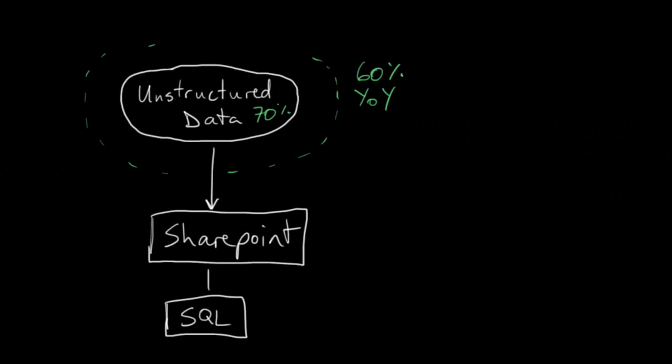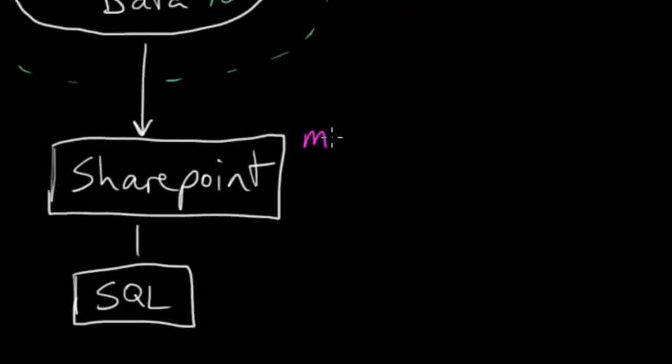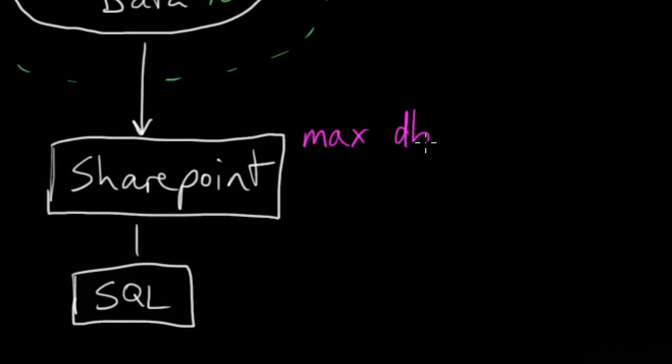On a side tangent to that, we have to look at Microsoft best practices. And Microsoft state that for a SharePoint environment, the maximum database size should be 150 to 200 gigs in size. Okay, I'm going to stick to 150 just to be a little bit more conservative.